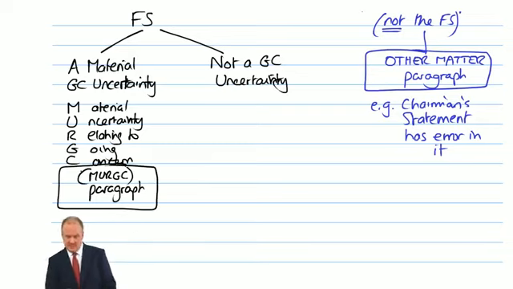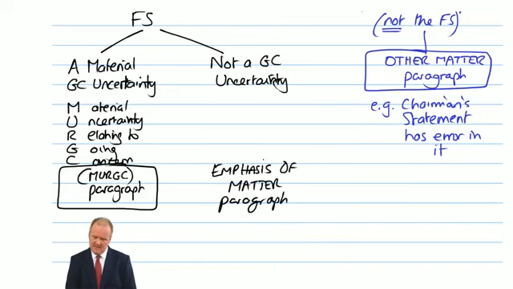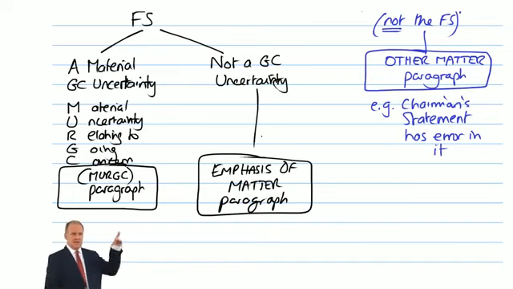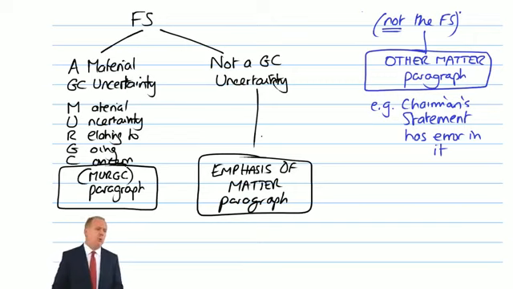If it's not a going concern uncertainty, it's going to be called an emphasis of matter paragraph. Now in both cases, on the black side of the screen above me here, on both cases we are emphasising something in the accounts.